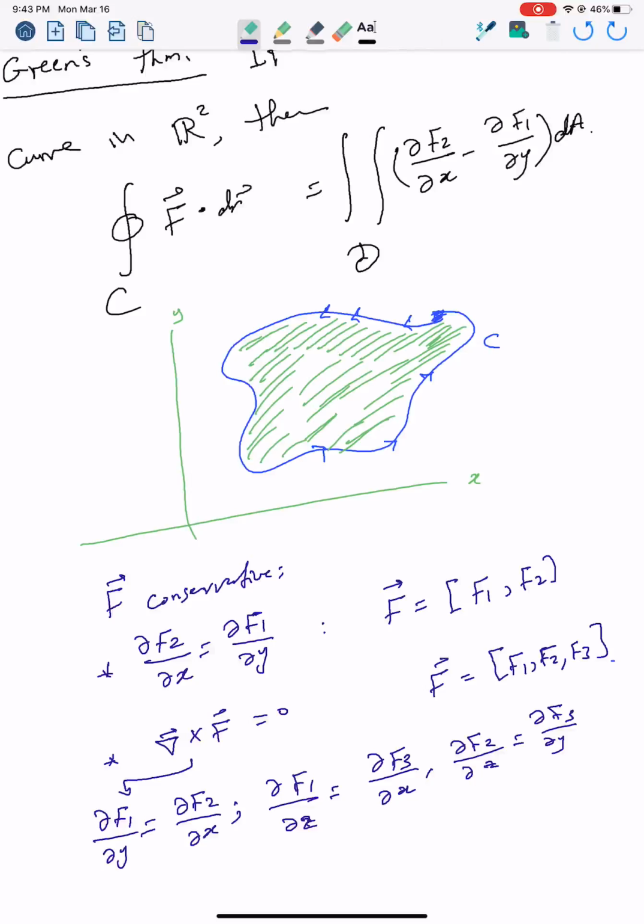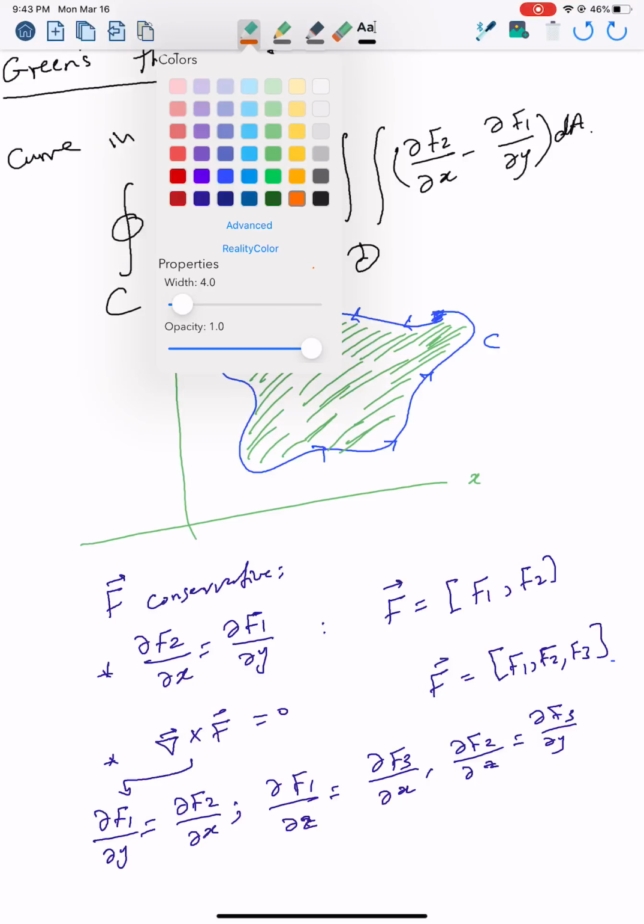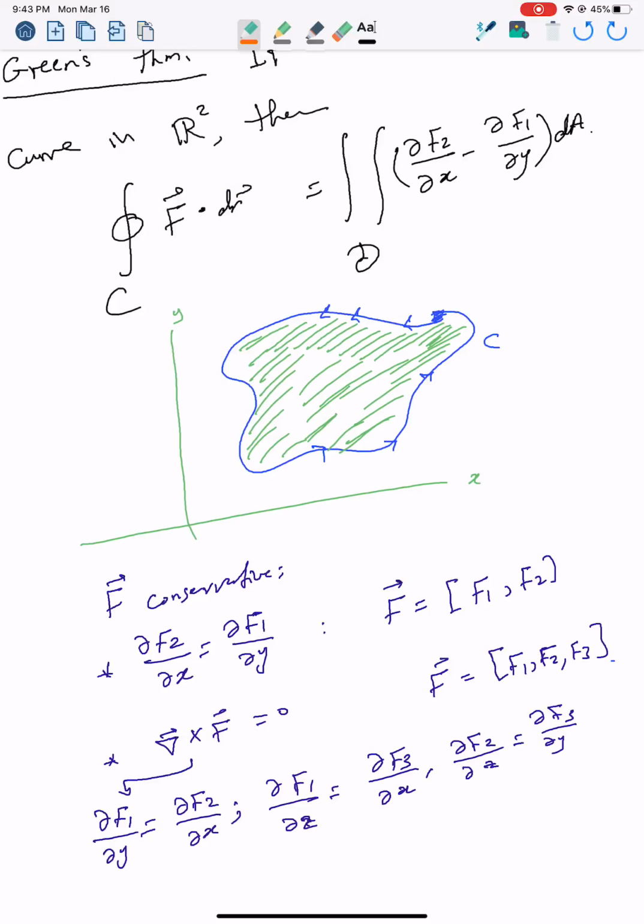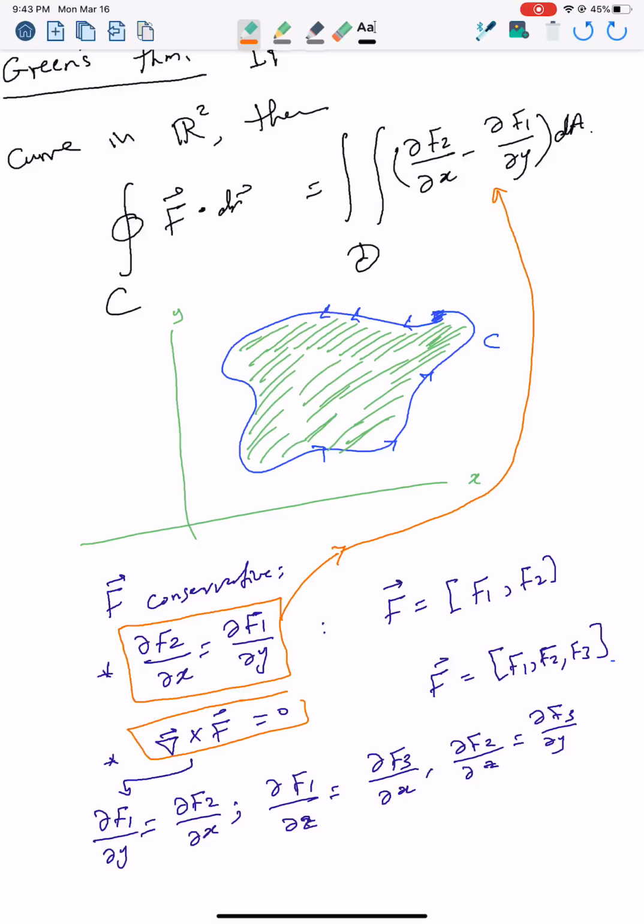So somehow now, if we look at these things, I'm not saying this is a very clear relation, but when we look at conservative functions, we see this quantity. Now, if we look at this quantity, this is exactly what we're seeing inside the integral in Green's theorem. Now, what about the other quantity?